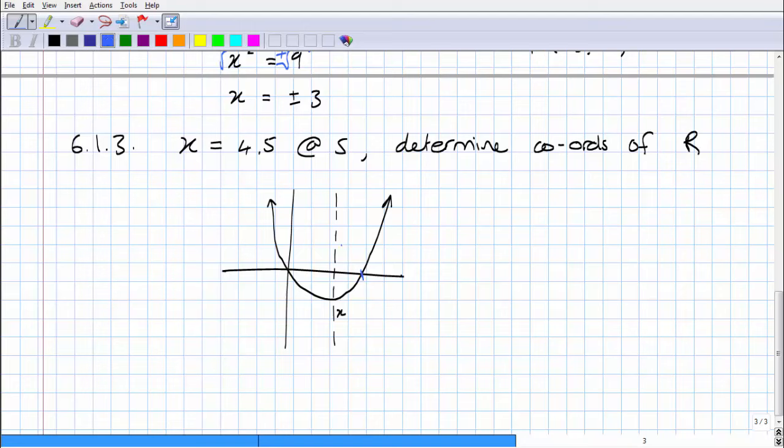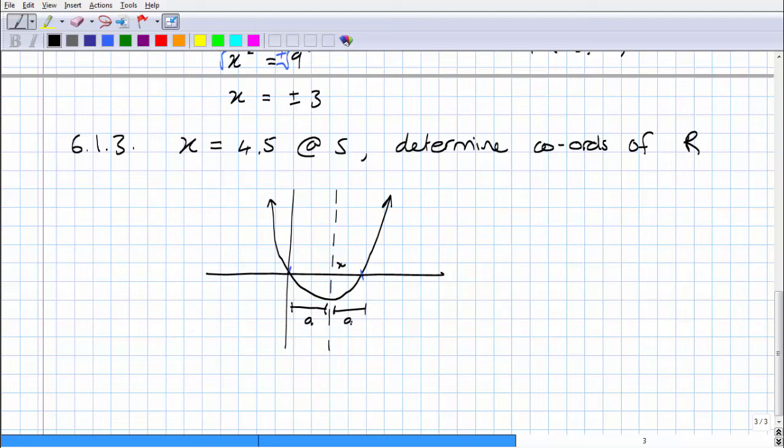But if we got a point there and a point there, well, it's not quite drawn straight, so let me just draw that a bit better. Okay, so that's our x point, and the distance between that point and that point, and that point and that point must be the same. So if this is distance a, then that must also be distance a, because it's symmetrical around that turning point.